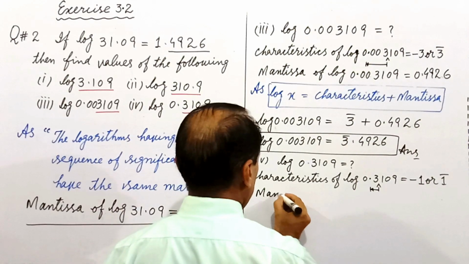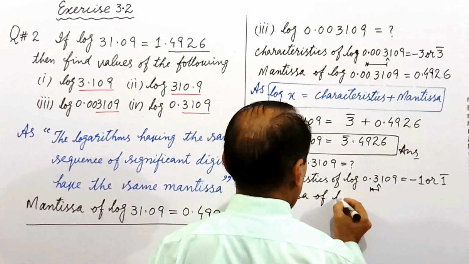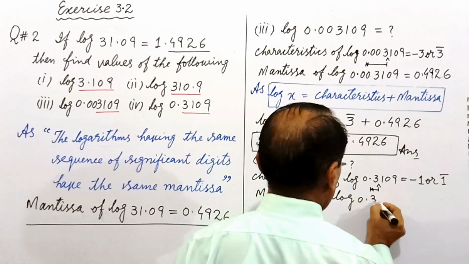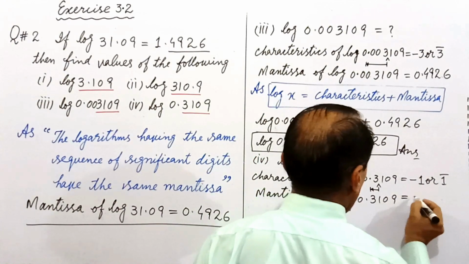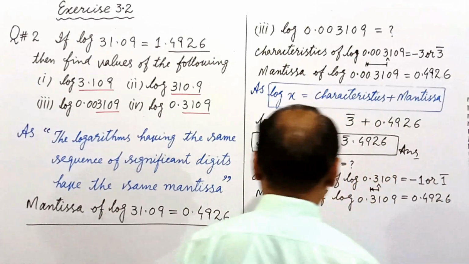The mantissa is the same as per the concept. Mantissa of log 0.3109 is equal to 0.4926.